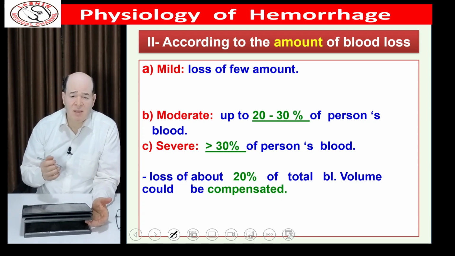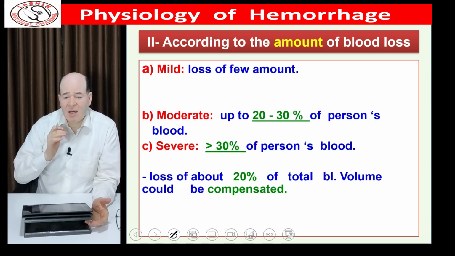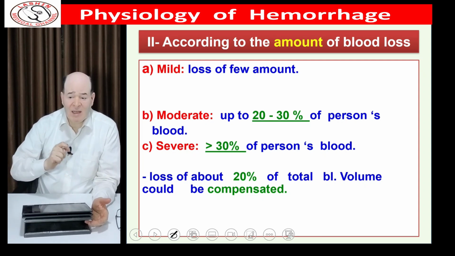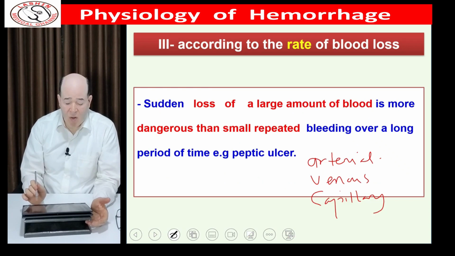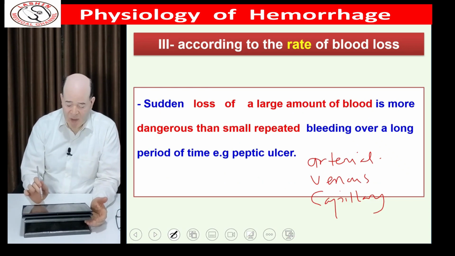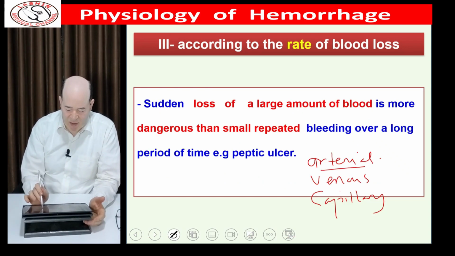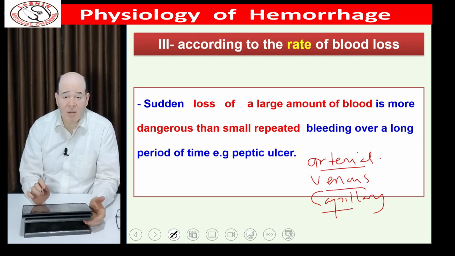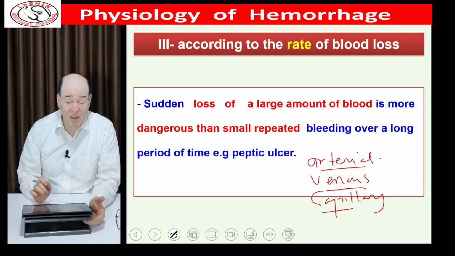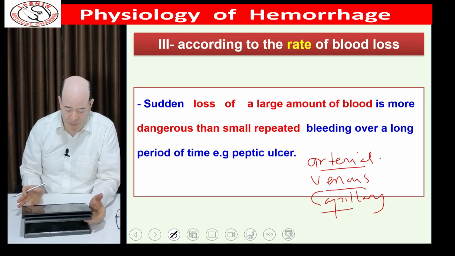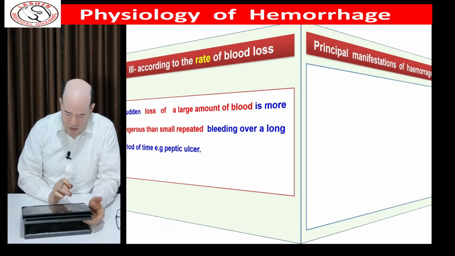However, if this volume exceeded 30%, our body can't compensate and it has to receive external support. According to the rate of blood loss, we can classify bleeding into arterial, venous, and capillary bleeding. The life-threatening type is the arterial bleeding because of the very rapid rate of blood loss.